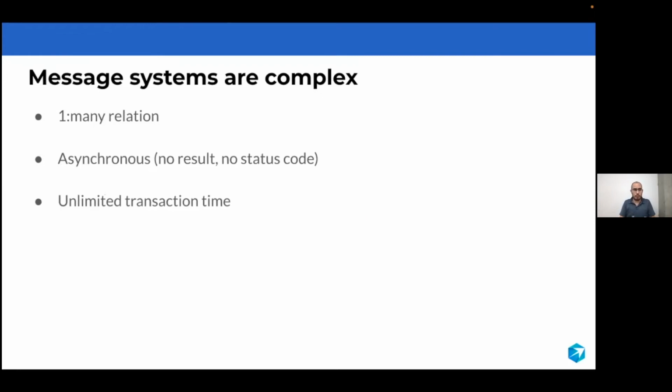I don't have a result. I don't know the status code. I don't know when somebody consumed it, whether it was successful or not. And I don't know when it will be consumed. So you may have something that is writing to a queue, but only once a day you spin up a service that is going to consume this queue and actually drain it and process these messages. So this time transaction makes things a bit more complex.